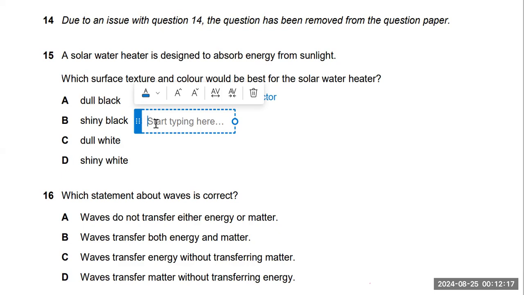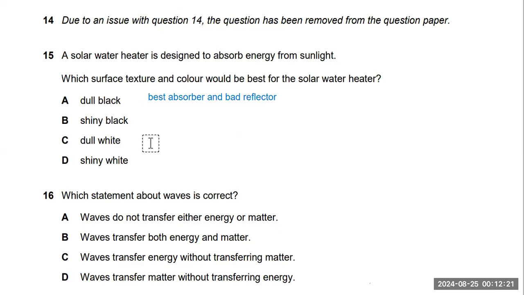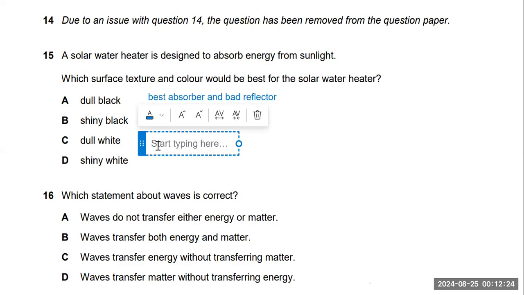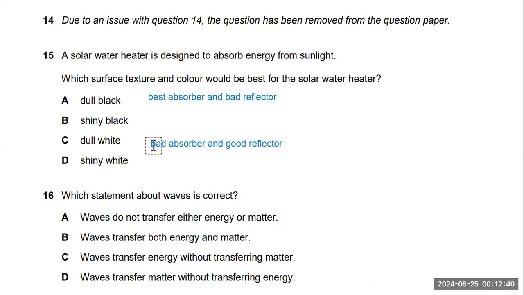That is why in that case this will not be suitable. If you look at dull white, I have told you light colors are good reflectors and bad absorbers. Shiny white is also in the same category, just like C.